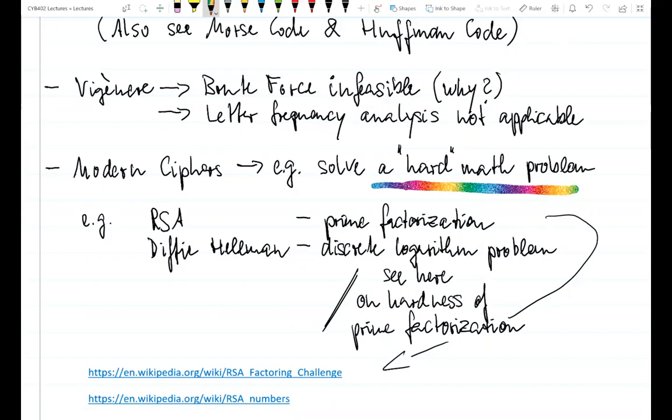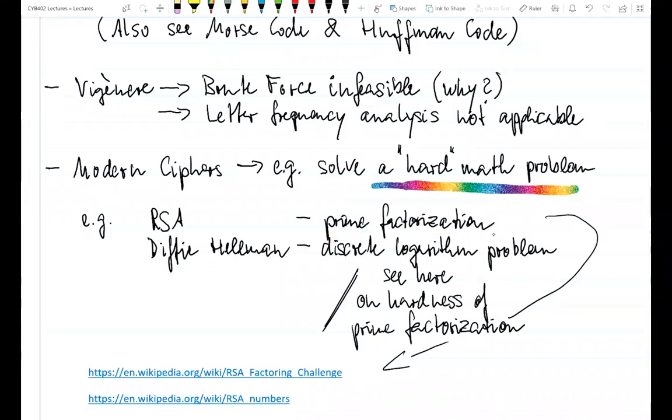So right now, as we speak, the basic mathematical problem that today's ciphers' security relies on is prime factorization. So what does it mean? It means that if we have two large prime numbers, and you multiply them, you get a result of an even larger number.